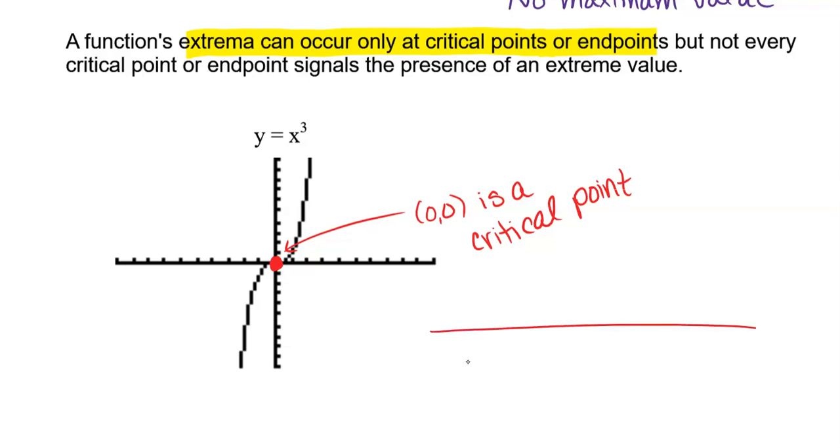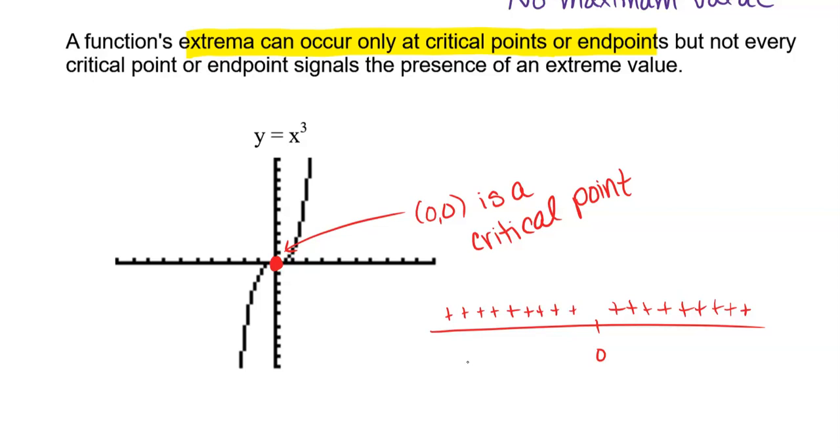A sign chart would help you figure this out, because if we made a sign chart for this point, we would find out that the derivative is positive to the left of that point, and it is still positive to the right of that point, because that function is increasing the whole way. So if you find that the derivative doesn't change from increasing to decreasing or vice versa, that means that you don't have a maximum or a minimum there.